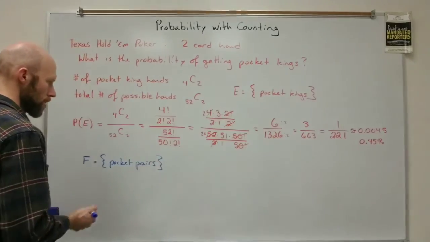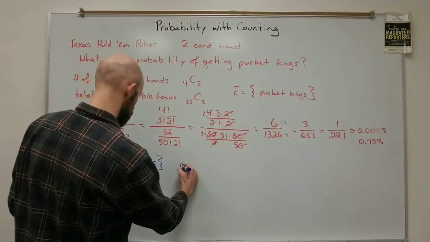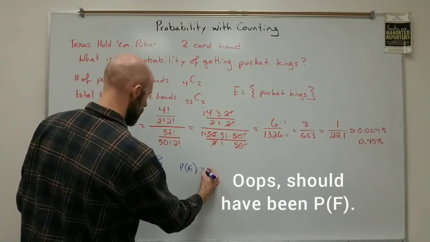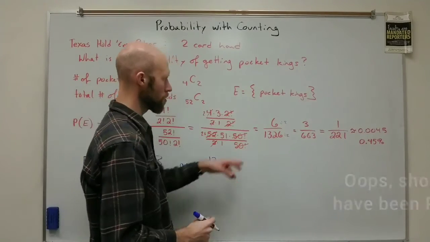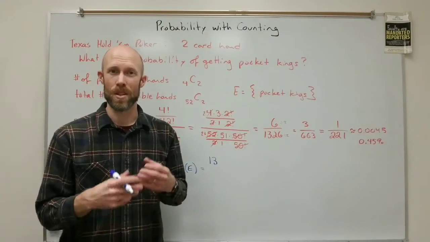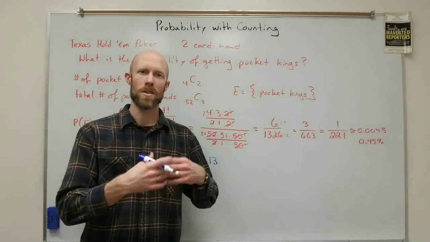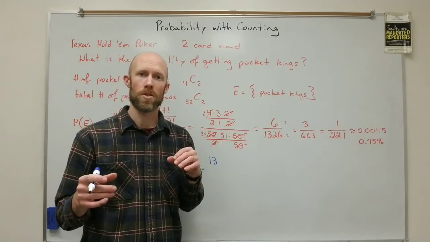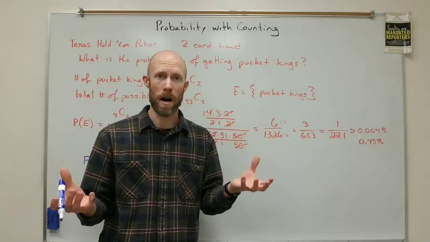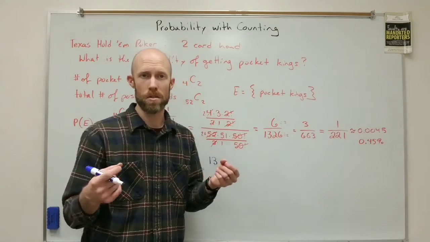And so what you end up with, P of F, is 13 of these. So there's 6 different ways to get pocket twos, 6 different ways to get pocket threes, 6 different ways to get pocket fours, and so forth. You add them all up, you get 13 possible combinations.